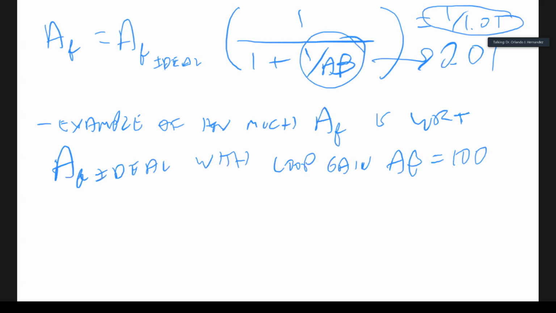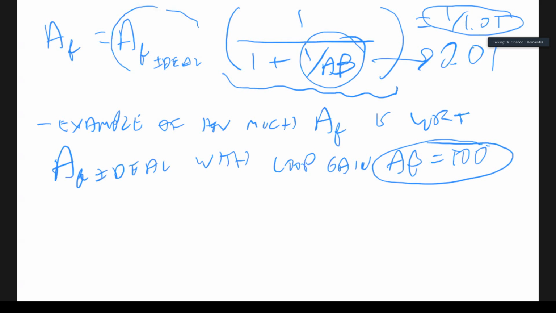The point here is that since the loop gain is large, this factor tends to be very close to 1 but less than 1, so your ideal never gets reduced too much in terms of the real closed loop gain, and that's a good thing.